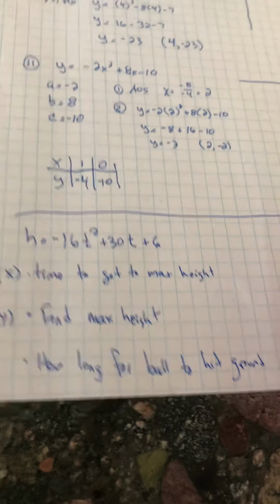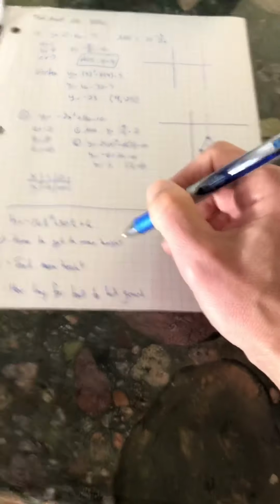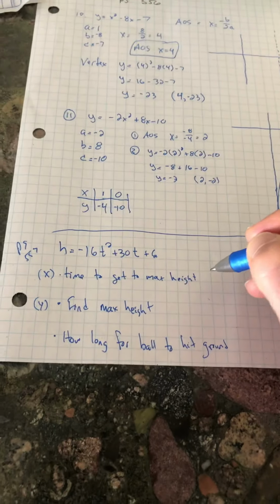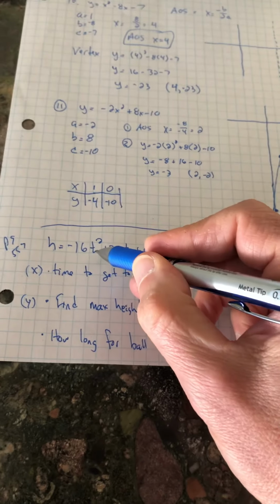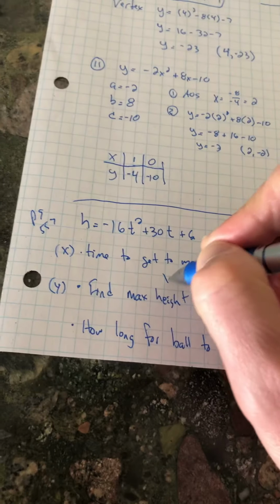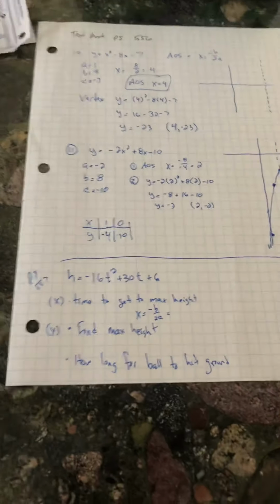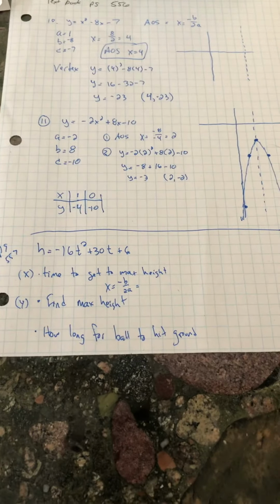All right. So, first part, what is the time for the ball to get to the max height? That's basically our time t, which is in our x spot. So x is going to equal the opposite of b over 2a. It really is that simple. I've got my calculator here. If you don't have a graphing calculator, no big deal. You don't need it.